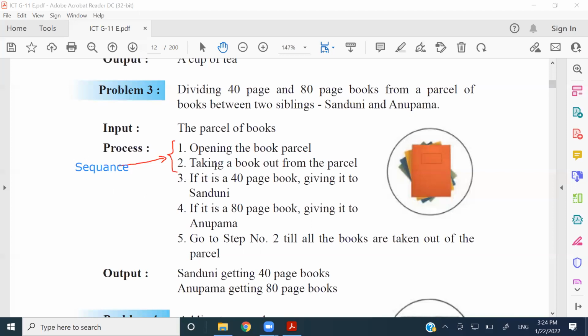For these two, you can say selection. And for the last one, you can say iteration or repetition. It's better you indicate this. I'll tell you what the meaning of these things are.